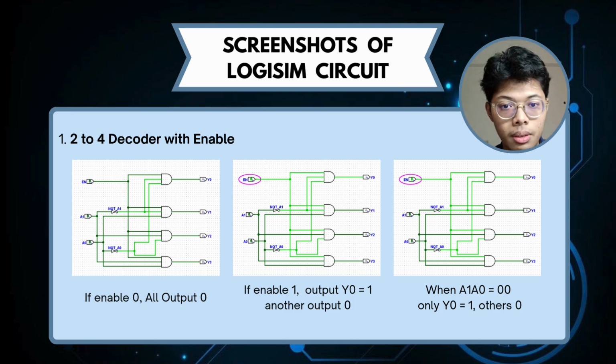The second picture shows that if enable is 1, output Y0 equals 1 and the other outputs are 0. In the third picture, when A1 A0 equals 0, 0, only Y0 equals 1 and the others become 0.